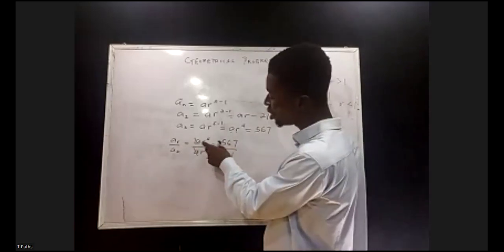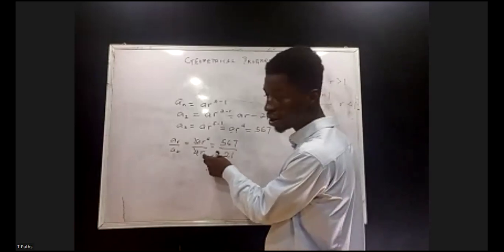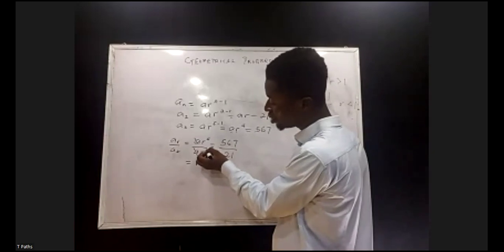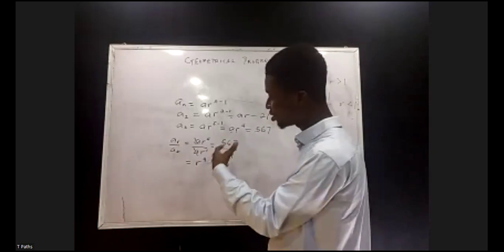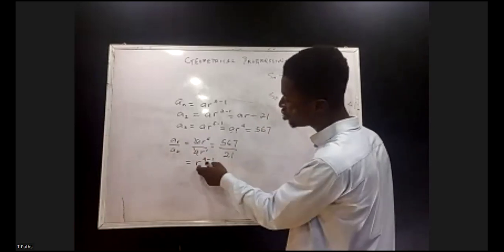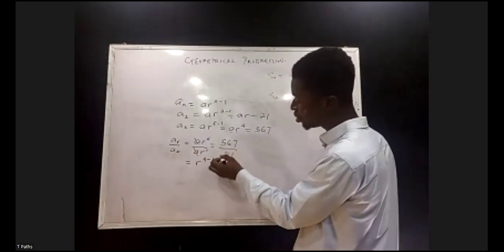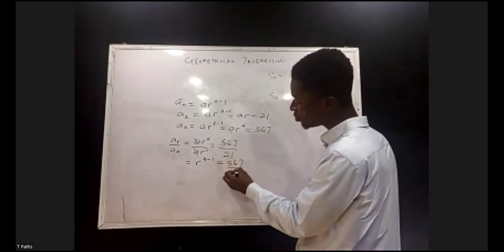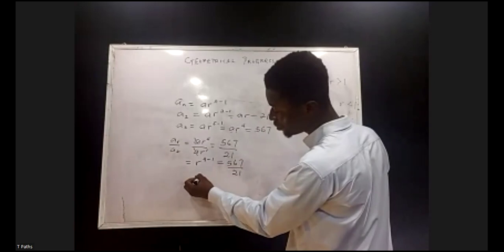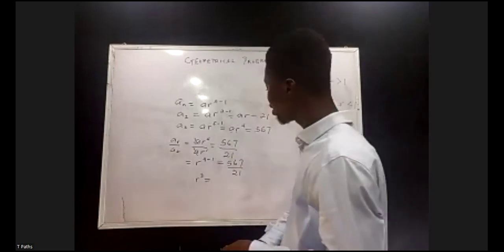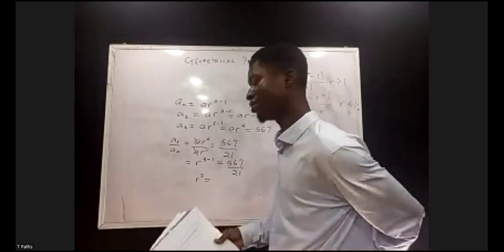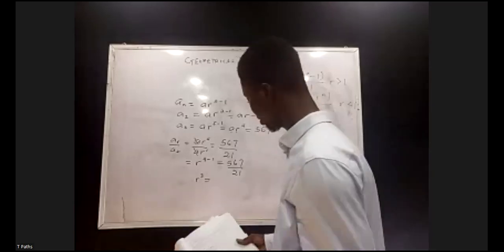We will be left with r raised to power 4 over r. Remember, r raised to power 1 is also the same thing as r. So we are dividing, which is 4 minus 1, if you use your law of indices, equal to 567 over 21. So we are left with r cubed equals what? What is 567 divided by 21? Let's do that. 567 divided by 21.